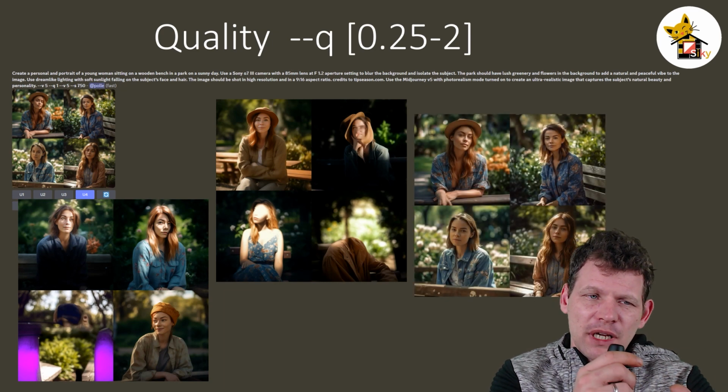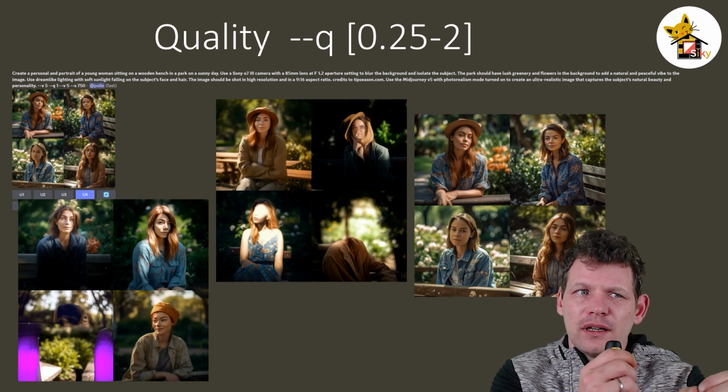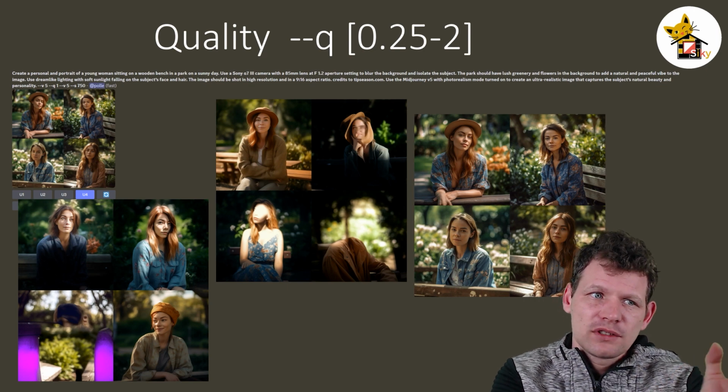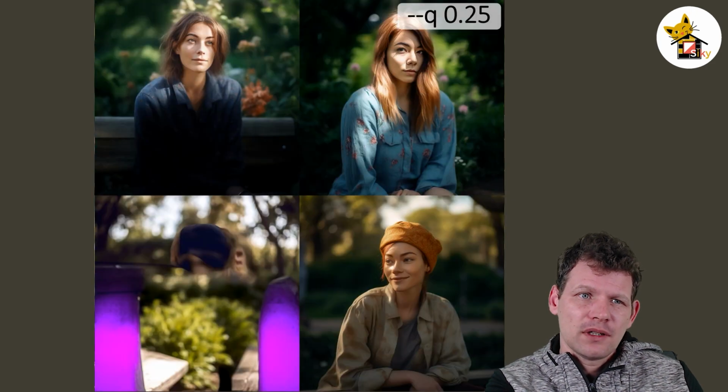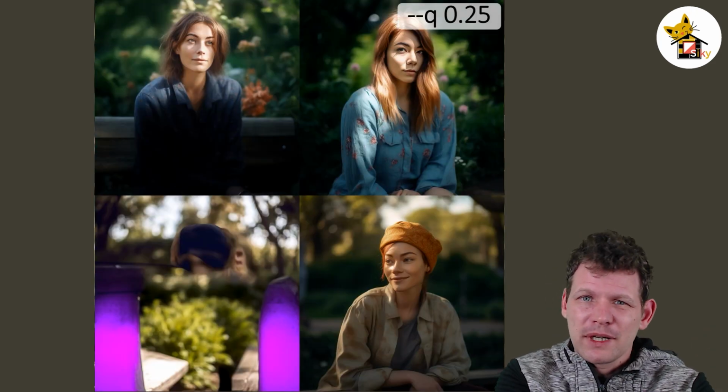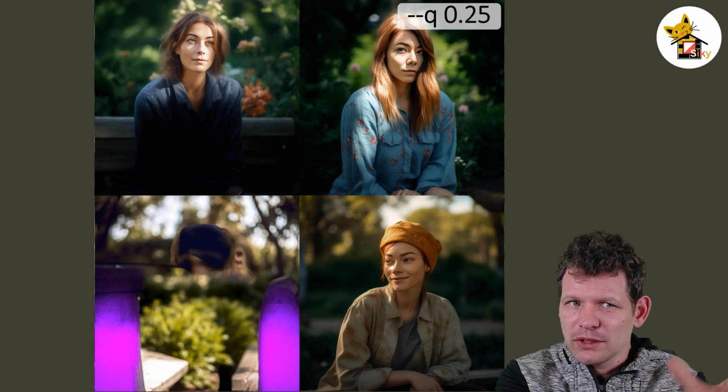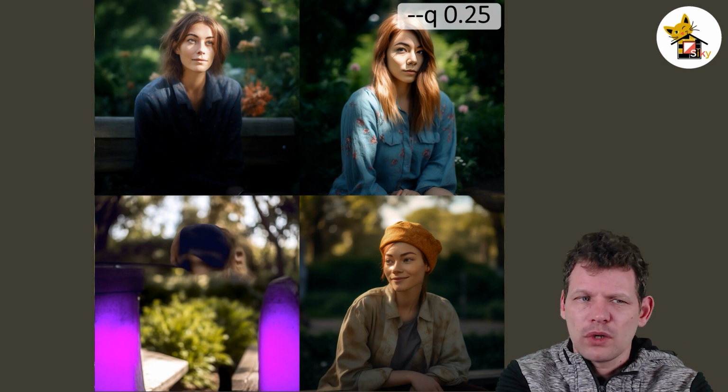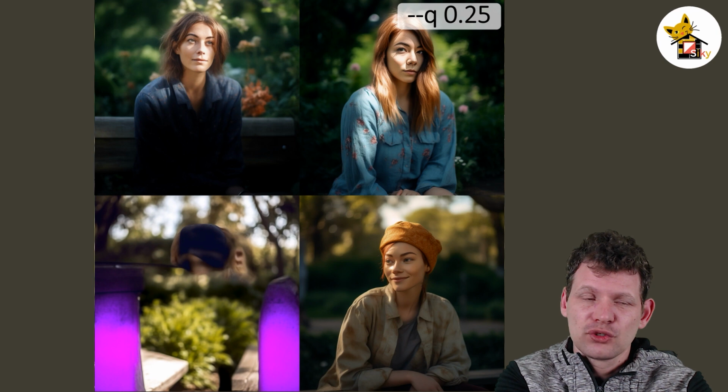So here I'll make a comparison between the lower quality and the higher quality. Let's look at the higher quality. I have 4 Q1 persons here. She kind of looks real, right? If we look at 4 examples of women I created using the same prompt with the lower quality, then we'll see here that one of them is actually missing, and the 2 top ones, there's something with the light.